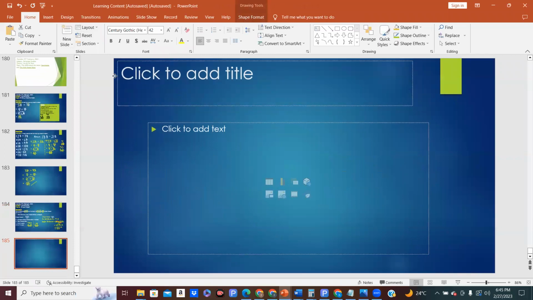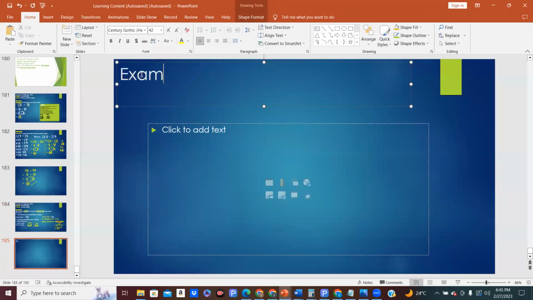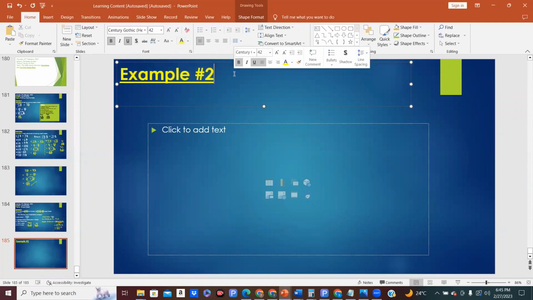All right, so example number 2. It's going to be our final example before we actually do the work, which should be a very straightforward application of the examples.